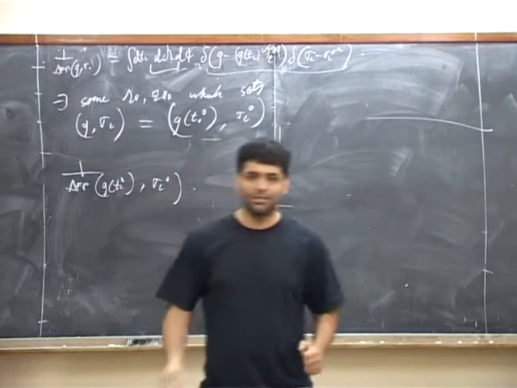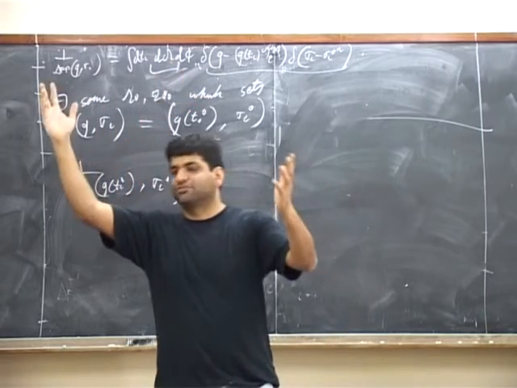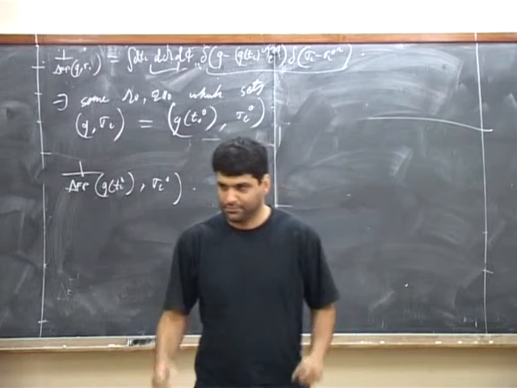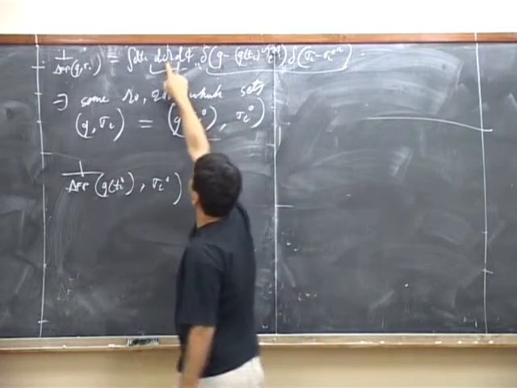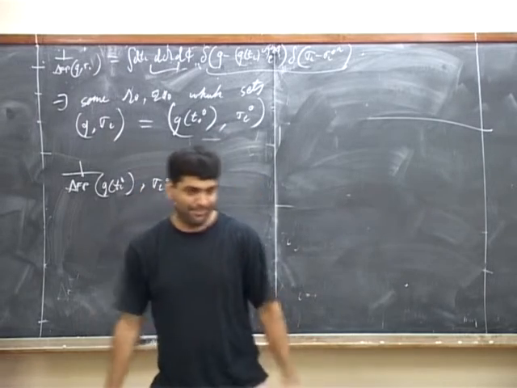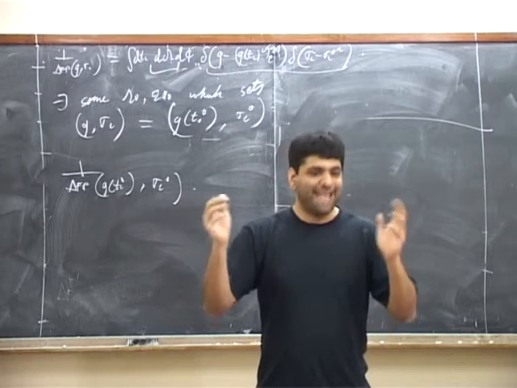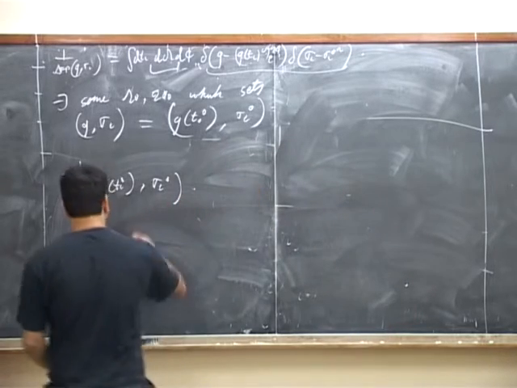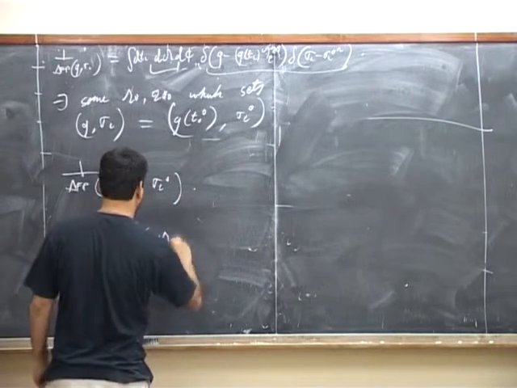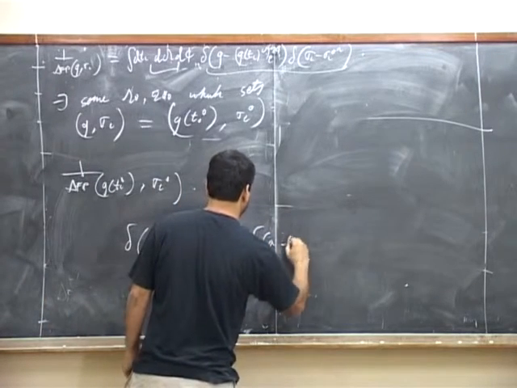Let's say g was equal to g prime times a gauge transformation by some gauge transformation omega. Okay, let's not call it omega because omega is this dummy variable. So let's call it omega delta. Then first we use the property of the delta function that delta of A omega minus B omega is equal to delta of A minus B.